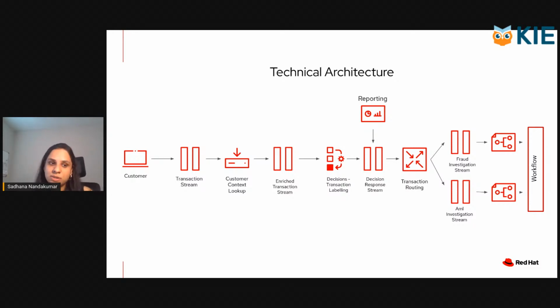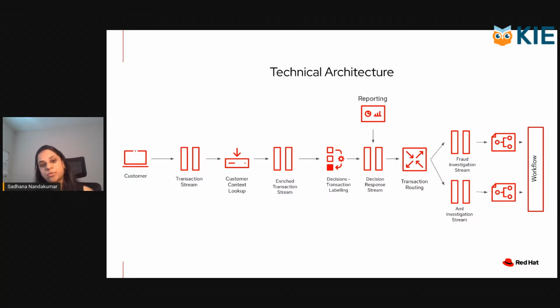And so you're going to have the customer performing a transaction, and the transaction data is going to come into the event stream. Once the data is available, we're going to first enrich the data, because that's an important consideration. When we're looking at transactions, an individual transaction might not look fraudulent, but when you combine that transaction with the other transactions that happened before that, or when you combine that with a customer context, then it might signal a fraud behavior or an anti-money laundering behavior.